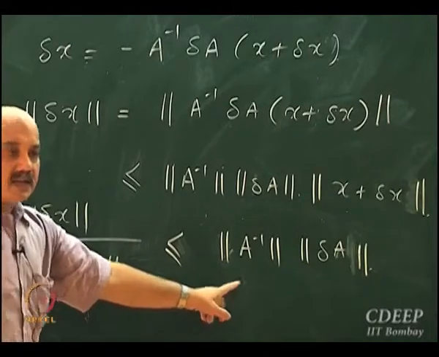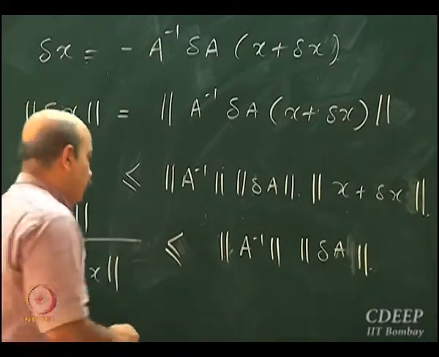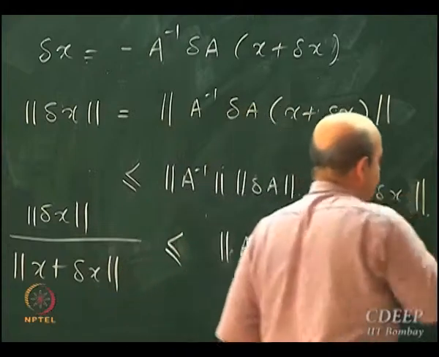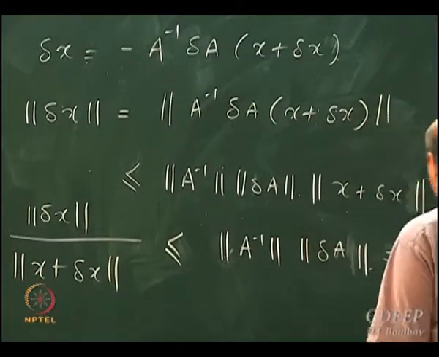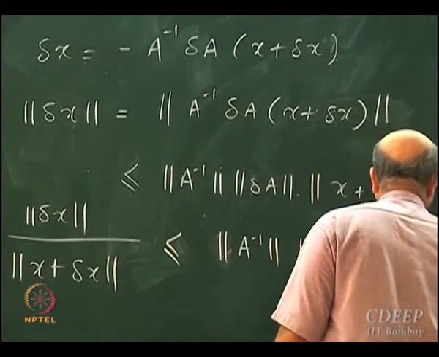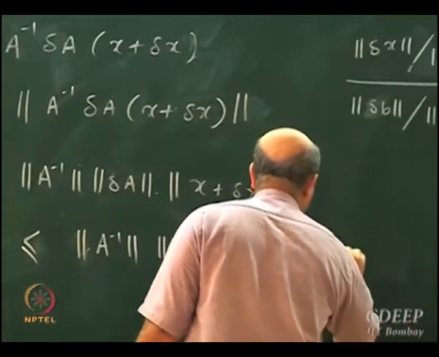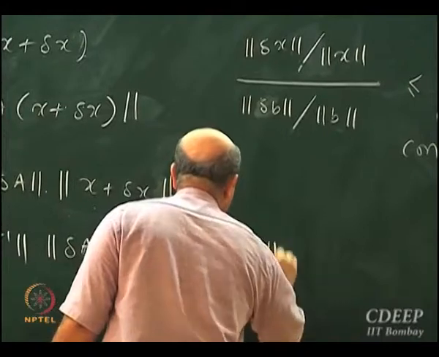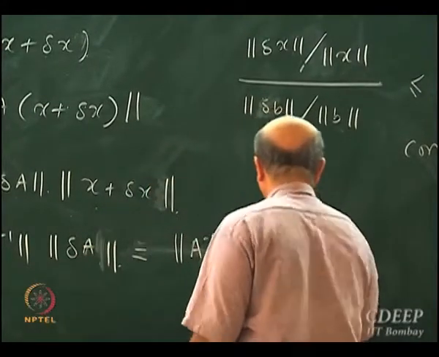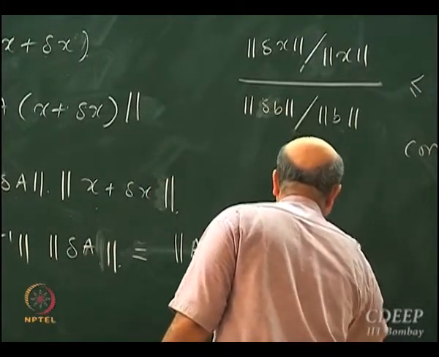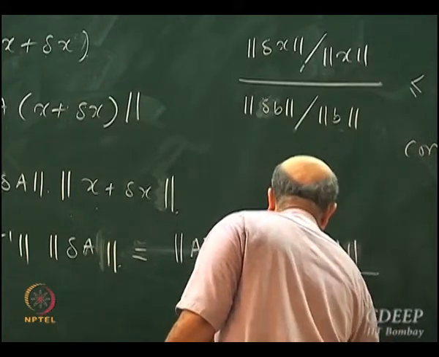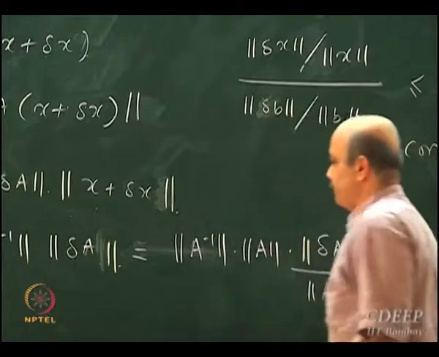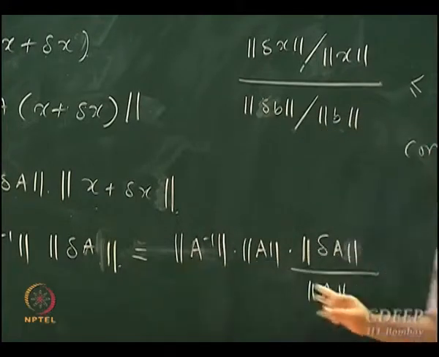I am going to play a trick on the right hand side. I am going to write this quantity on the right hand side as norm of A inverse into norm of A into norm of delta A. Is everyone with me on this? Just check this.